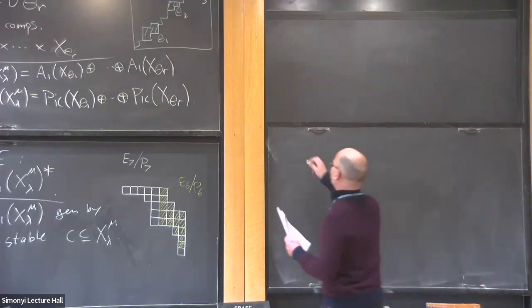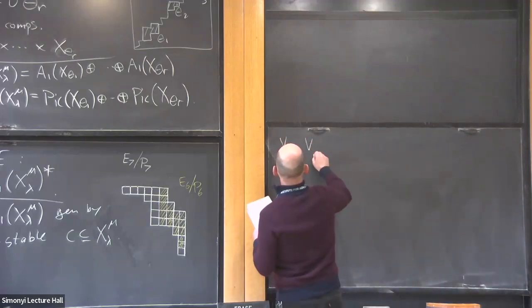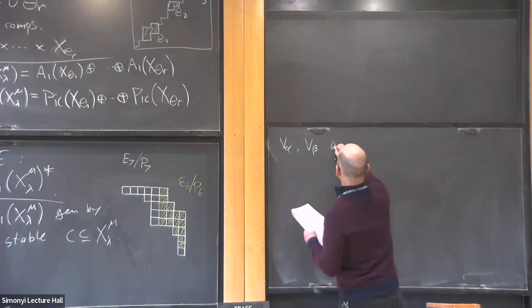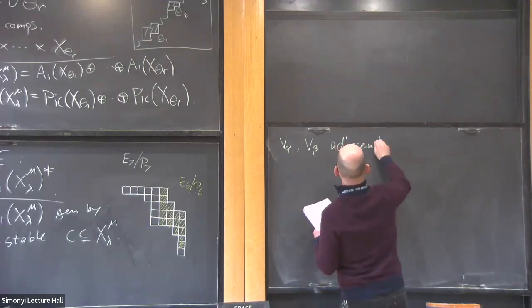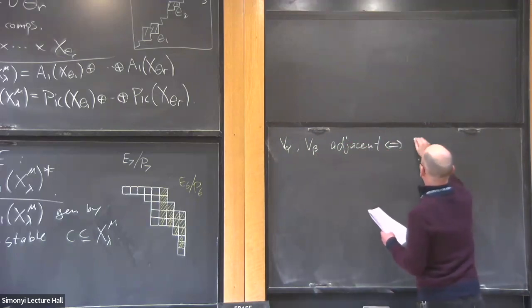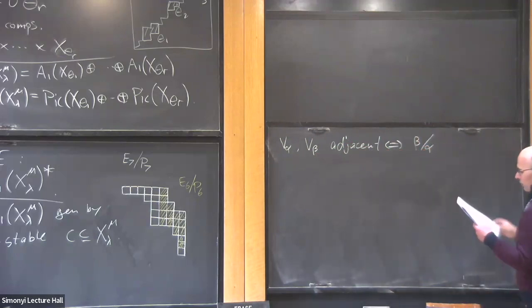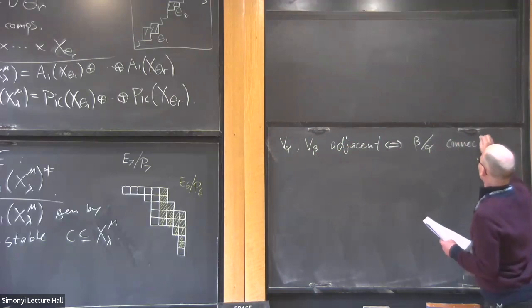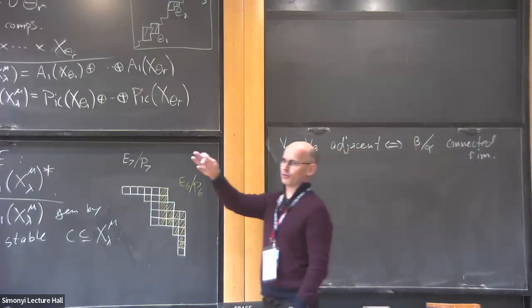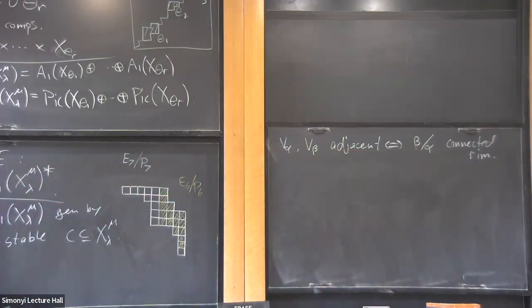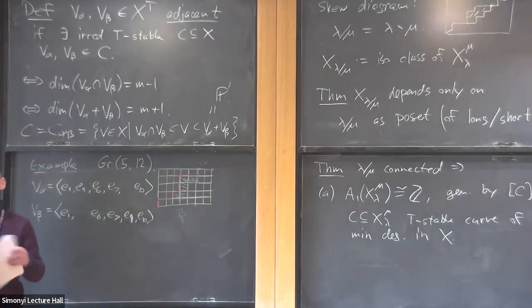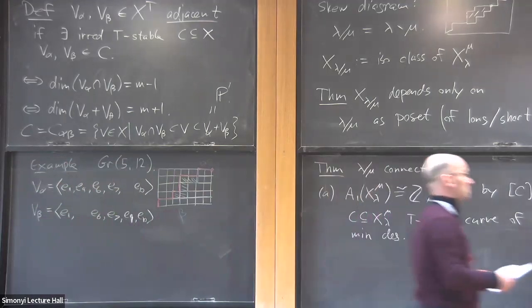So we can notice that V alpha and V beta are adjacent if and only if the skew shape beta slash alpha is a connected rim. Up to maybe I have to interchange beta and alpha, they'll always be ordered. And when I order them right, then the skew shape is a connected rim. This fact that the rim is connected has a lot to do with why I split up in components. A connected rim can only be in one component.